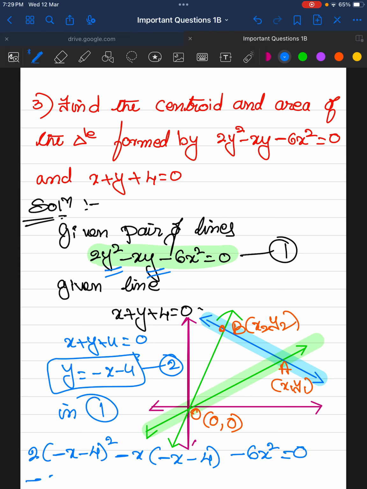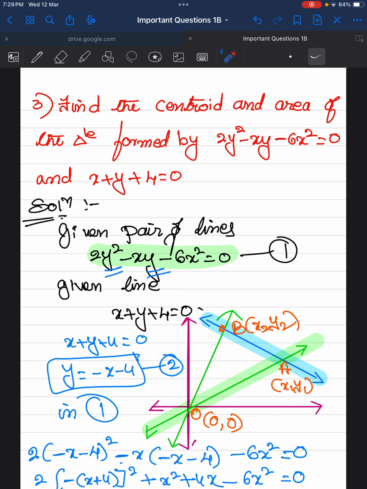Okay, here all of you observe this last step. 2 into minus of (x plus 4) whole square, correct or not? Minus into minus plus x square, minus into minus plus 4x, minus 6x square is equal to 0. Minus square, the first term, will be positive only.